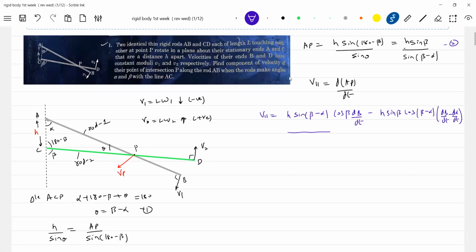Okay, check mathematics. I think, okay, this will be fine. What is V parallel? What we should call velocity of component of velocity of point P along the rod AB. Almost problem is over.